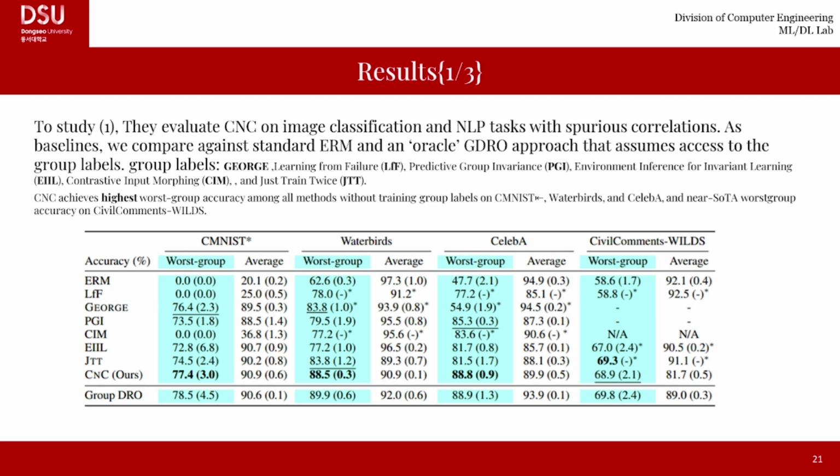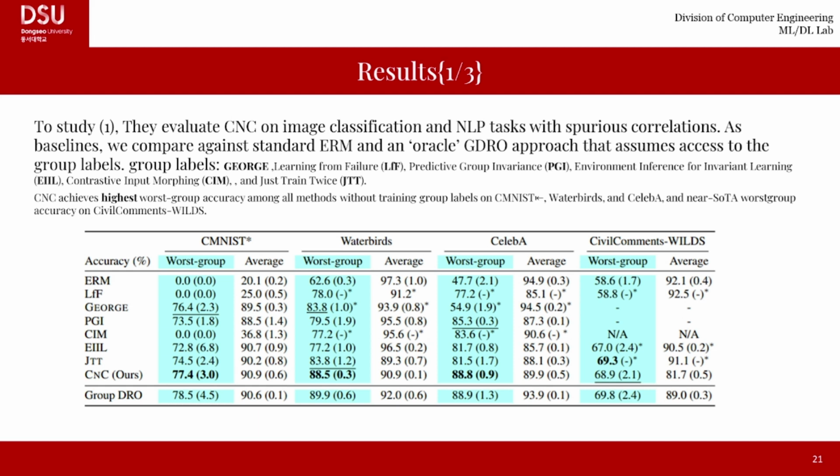So in this study, they calculate the CNC on the image classification and the NLP task with the spurious correlation as the baseline. They compared it against standard ERM and what I call the GDRO approach, which assumes the group labels, and we see every accuracy.